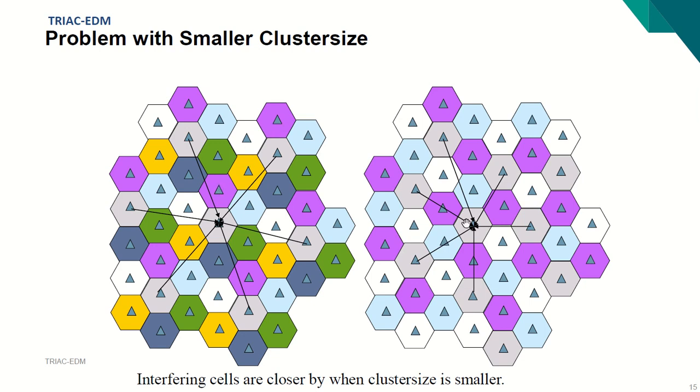And if we use a smaller cluster size, you will see that this is like one cell away, and this is like one cell away. So as a result, the cells are closer to each other, and it will cause more severe interference. If we look at the purple ones, they are closer to each other and interfere with each other more closely. So that's the smaller cluster size.